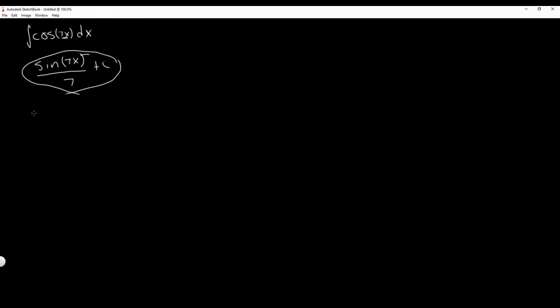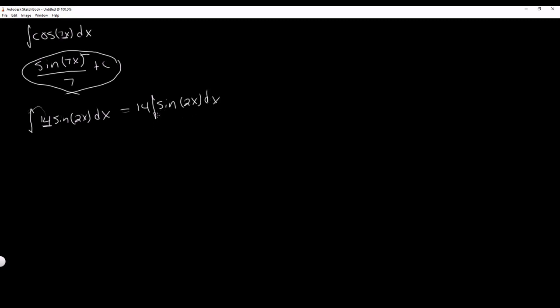Okay, we'll try another one. The integral of 14 sine of 2x dx. So this constant, we can bring it out to the front, and we can say this is equal to 14 times the integral of sine of 2x dx.